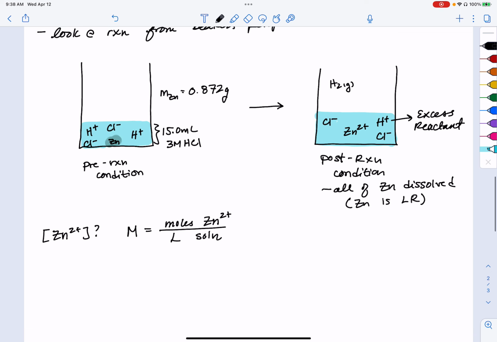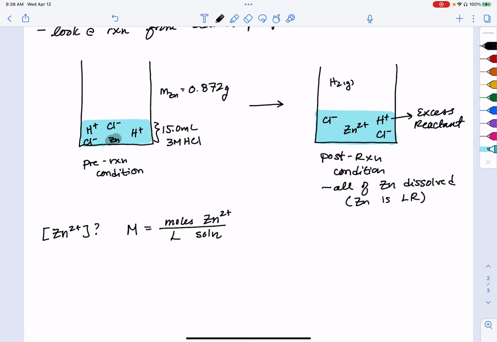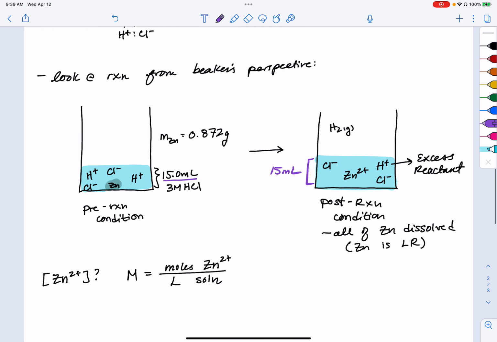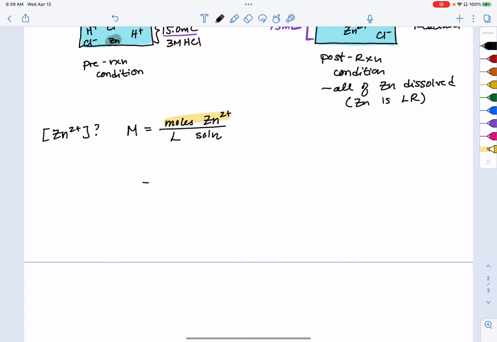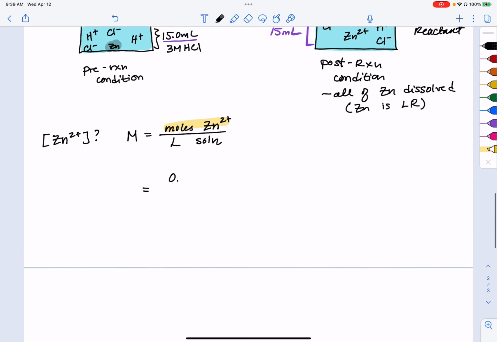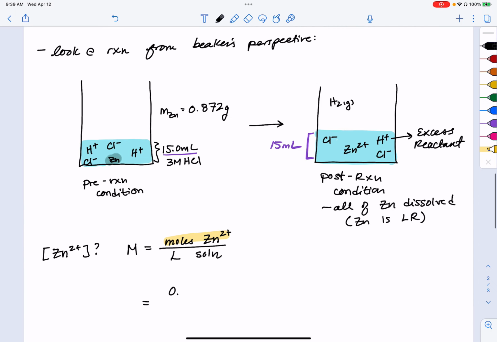We are going to assume that this reaction did not change our reaction volume by much, so we have 15 milliliters of volume here. And since we know our moles of zinc from our limiting reactant analysis, then all it is a question of using our definition of molarity to determine the proportion of moles of zinc ion and the volume of zinc ion made as a result of this reaction.